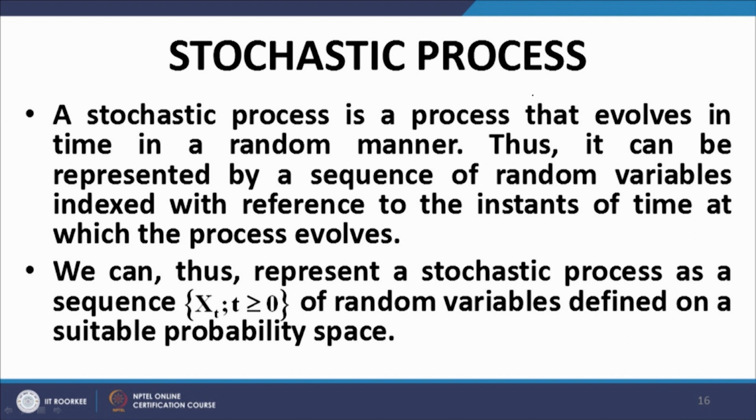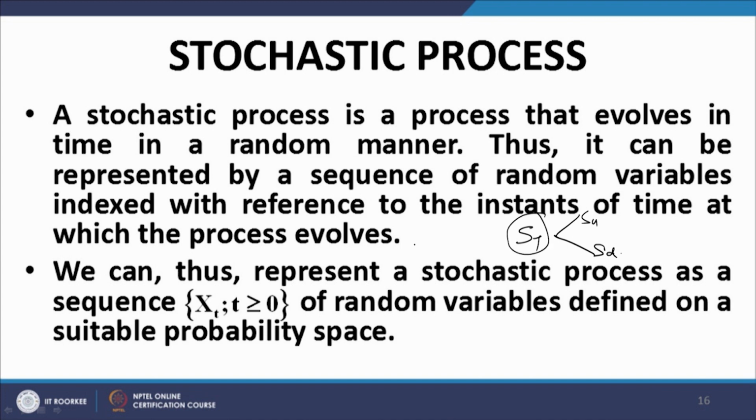Thus, it can be represented by a sequence of random variables indexed with reference to the instance of time at which the process evolves. Just as we did in the binomial model, at t equal to capital T, the stock price could either go up to SU or go down to SD.